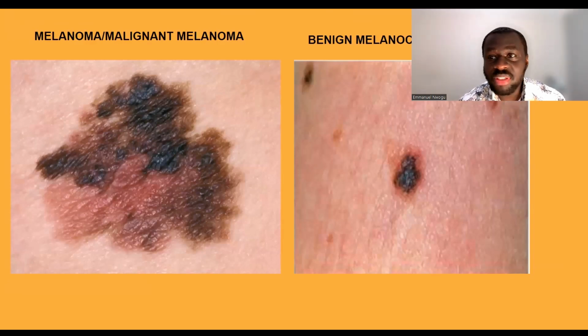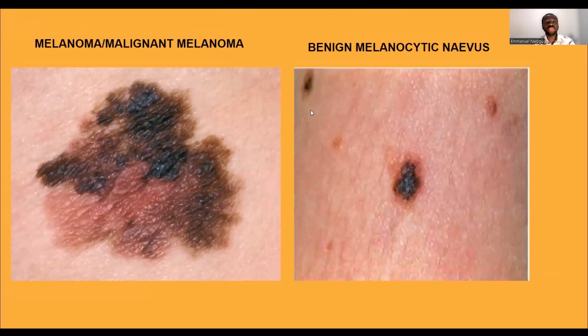Looking at these photos, you can see here I've put the labels. To my left is a typical finding of a melanoma. And this is a gross photo of a melanoma, which means an unmagnified appearance, what you would see typically on a patient's skin.